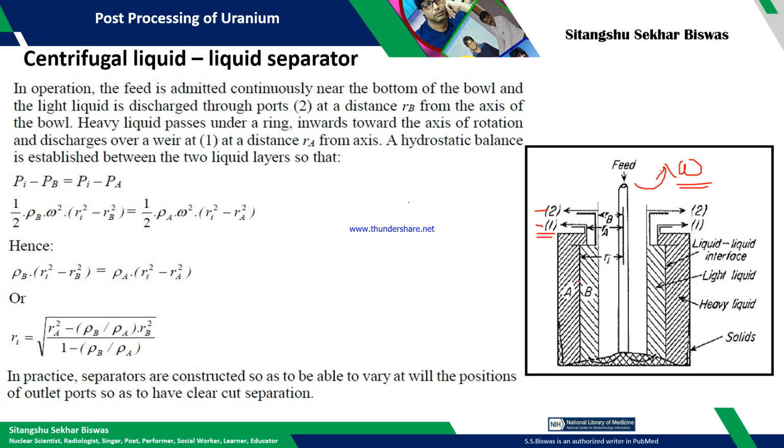At equilibrium, a layer forms which separates both liquids. The distance of this layer from the axis of rotation is Ri, the port A distance is Ra, and port B, where the liquid of lower density is connected, is Rb.